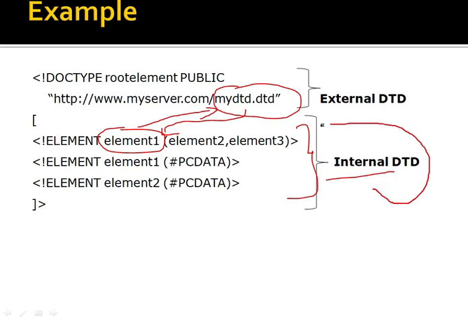The internal one will override the definition of the element, whatever the element may be. It may be element 1, element 2, or element 3. It will override the definition, which means the internal DTD will take precedence.